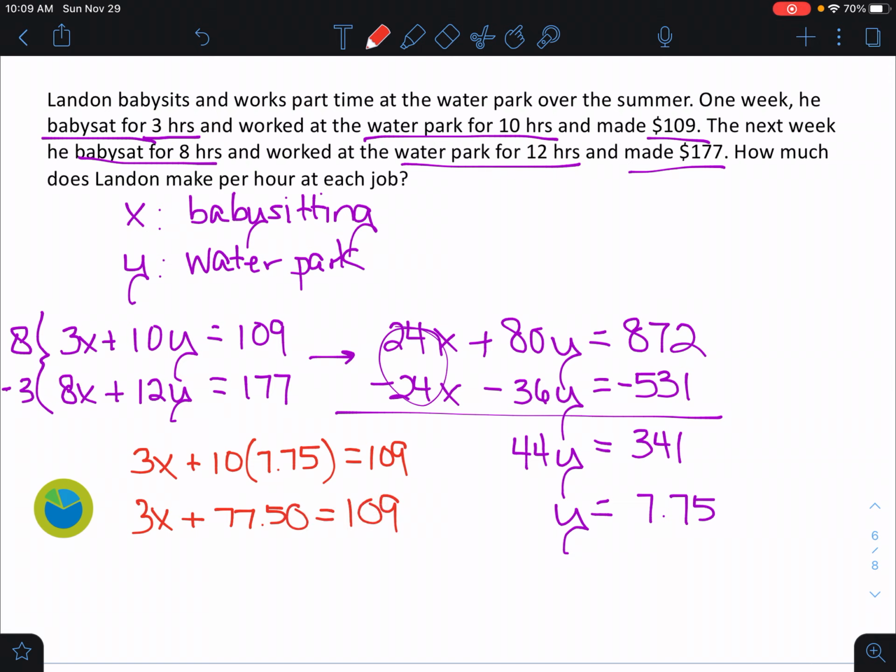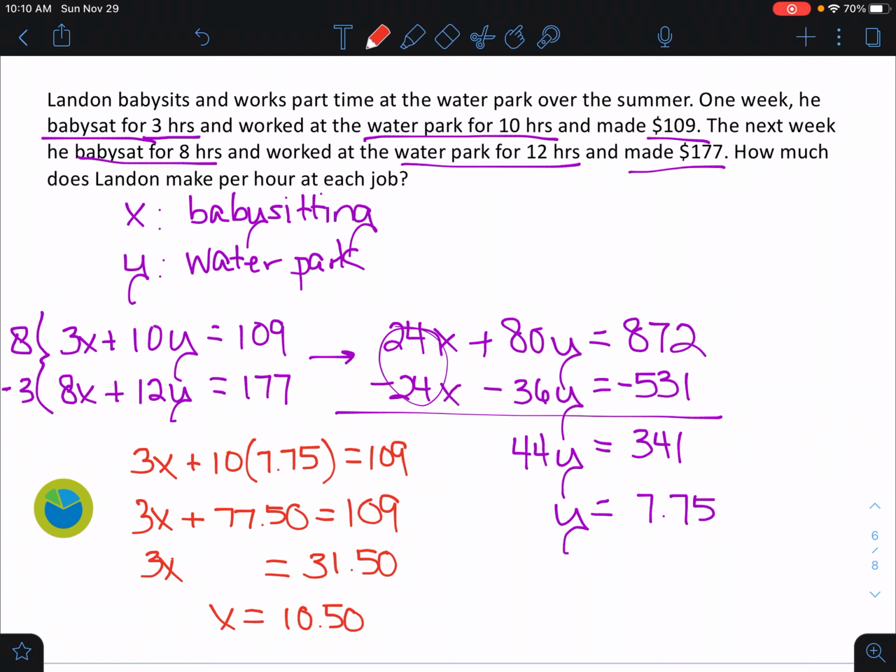Okay, so now I want to take 109 minus 77.50. I'm not writing that step. I think you know what we're doing here. And then lastly, I'm going to divide by 3. And I get 10.50. Okay, so now we're going to write what this means, right?